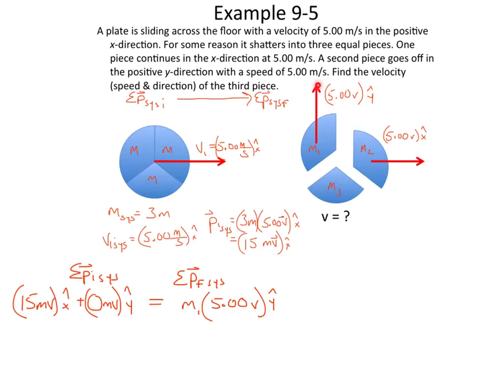All right. How about mass 2? Mass 2 is mass 2 times 5.00 velocity. What direction is it going? That's going in the positive x hat direction, right? And lastly, we need to deal with this guy right here. Okay.